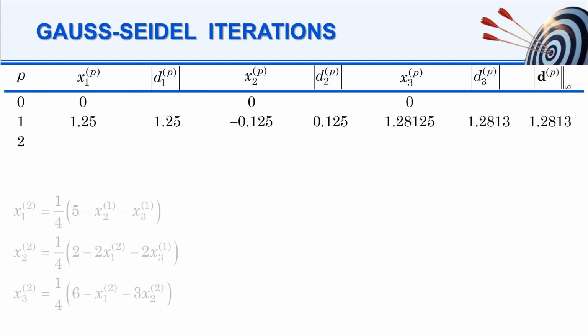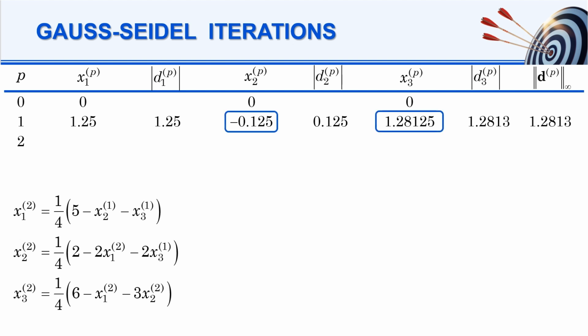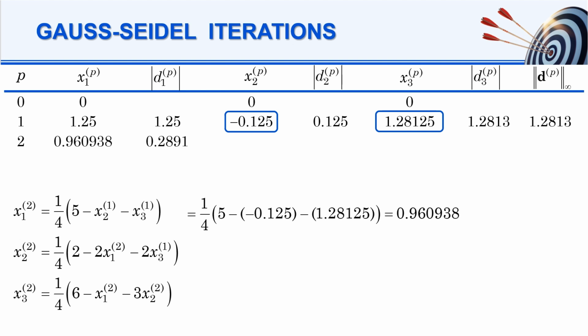The first equation for x1 requires the prior estimates of x2 and x3, which gives 0.96938, and the absolute displacement, 1.25 minus 0.96938, yields 0.2891.